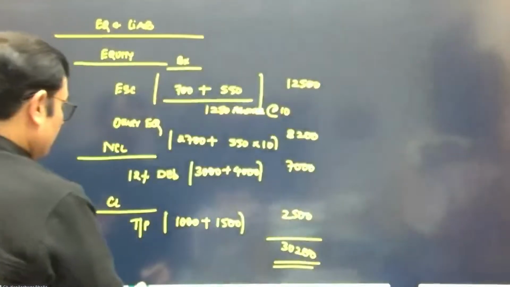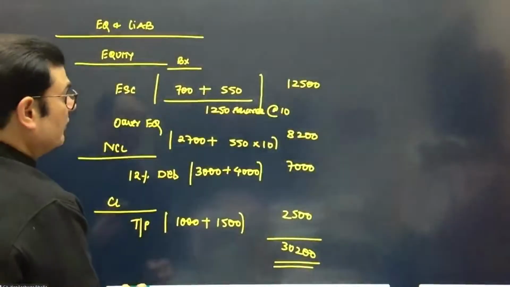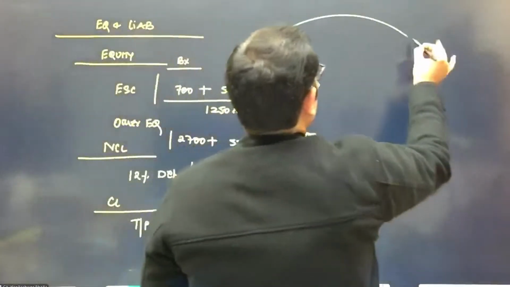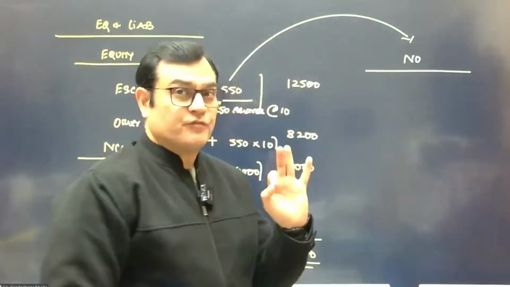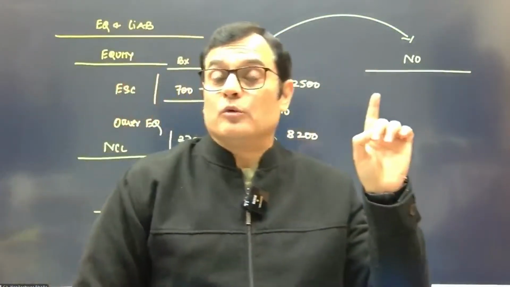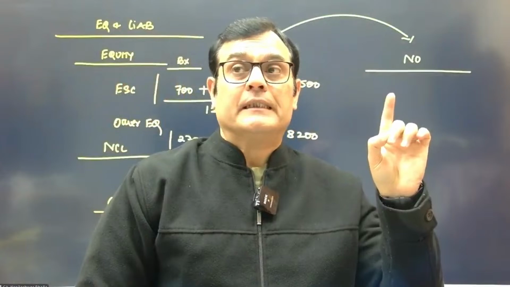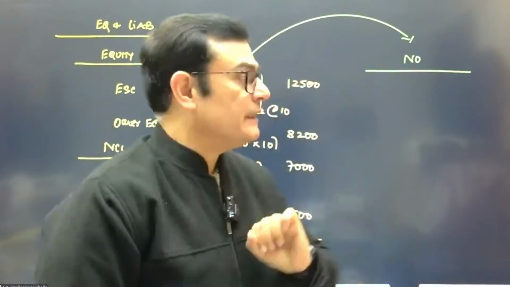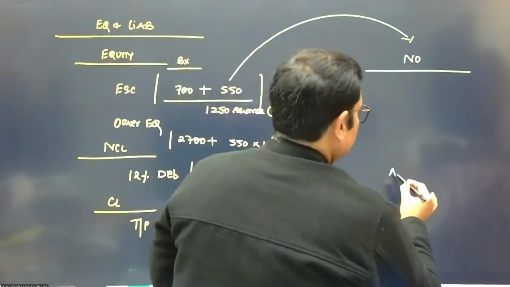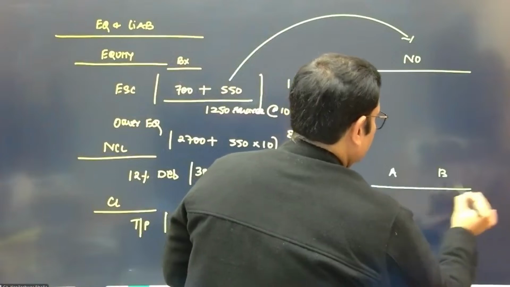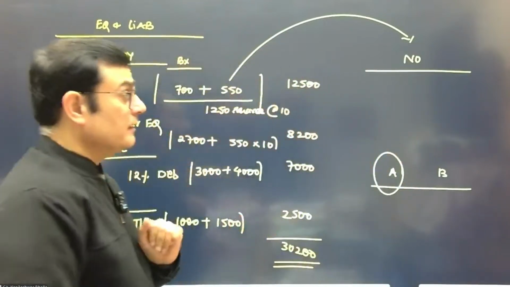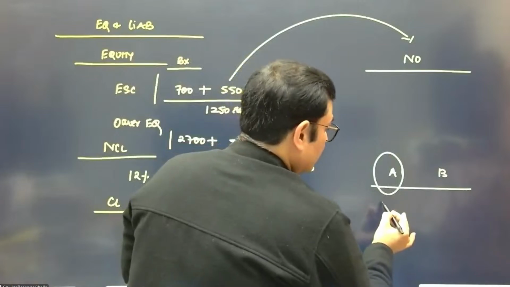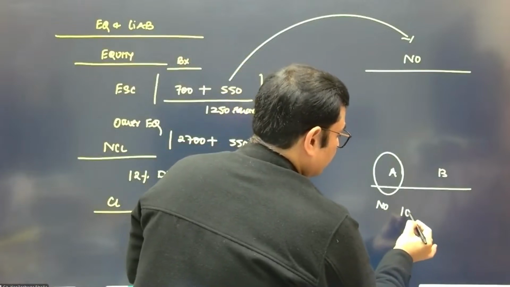Now, in this particular case, if we look at the numbers, let's first go back to the original question, the TYU2 which we did, in which there was an existing company A and B. When you had the existing companies A and B, we said he is the legal acquirer. Yes, sir. He is the legal acquirer. So which means that in his balance sheet, the number of shares was 100.